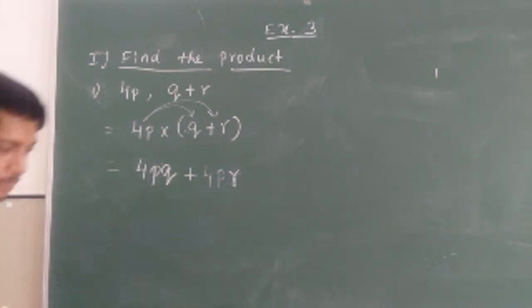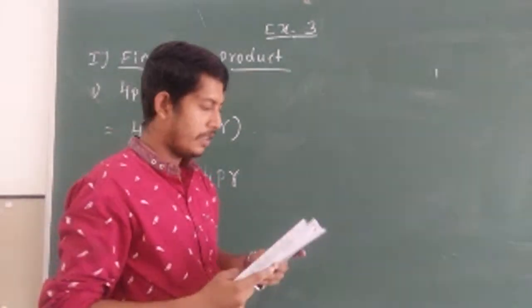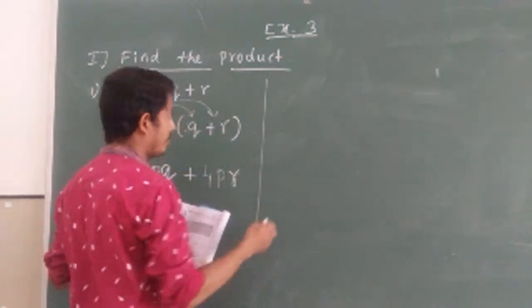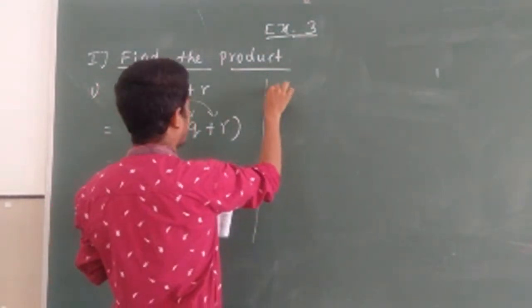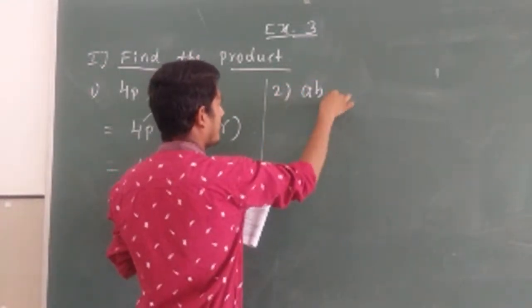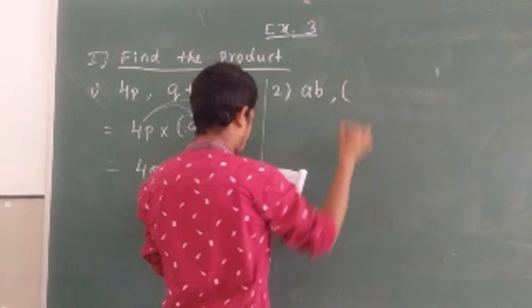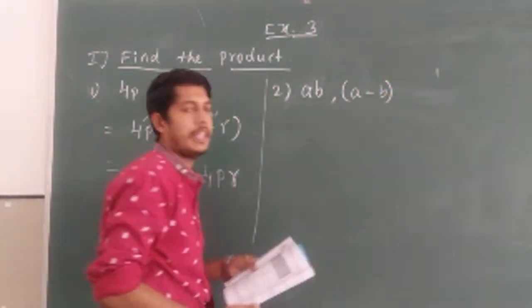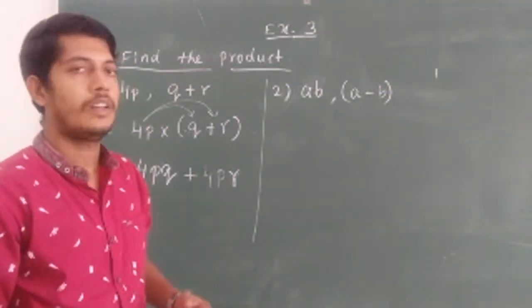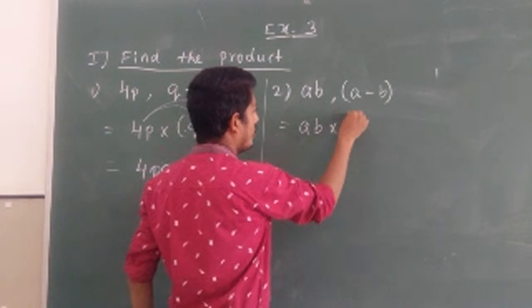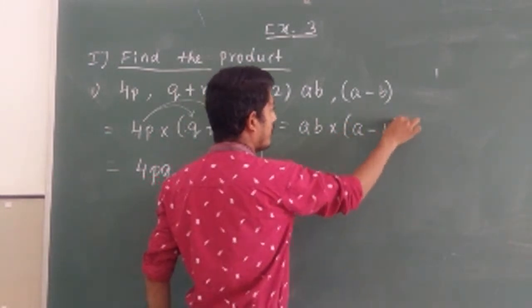The next problem. Second one. First term is ab and the second expression is a minus b. So again the same steps: ab into a minus b.